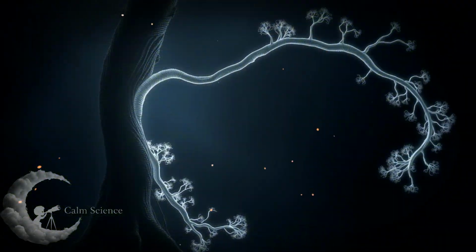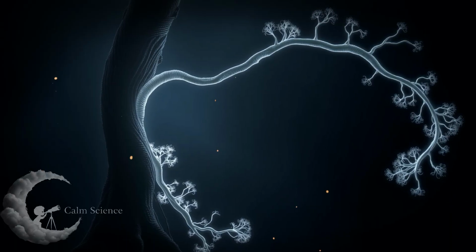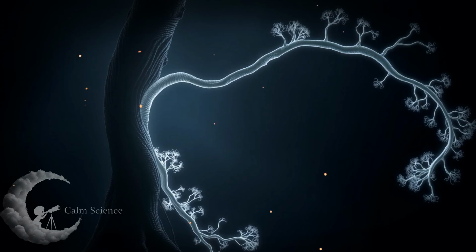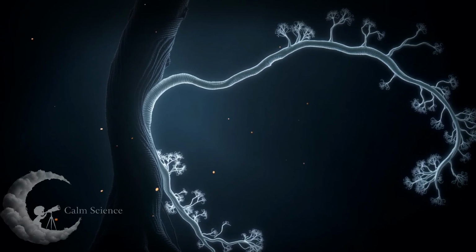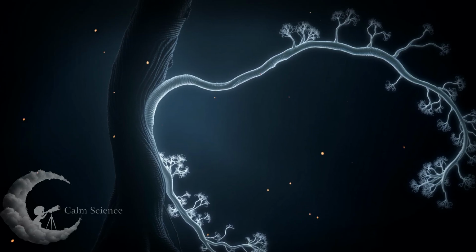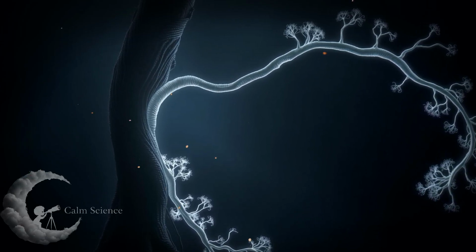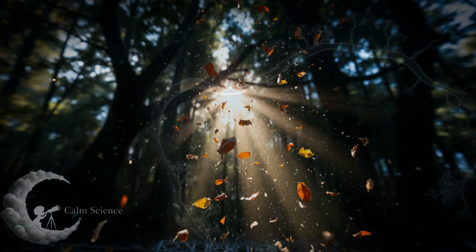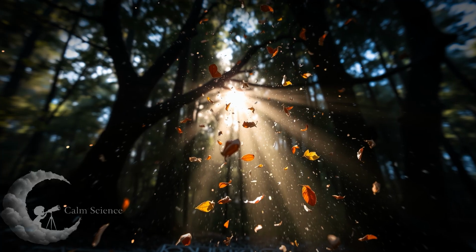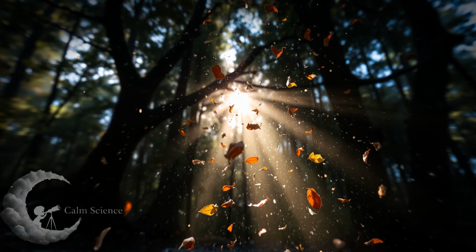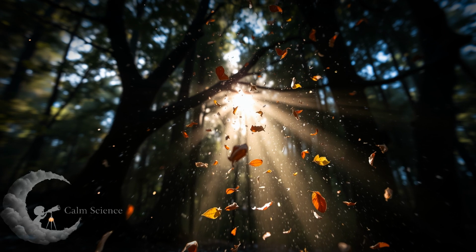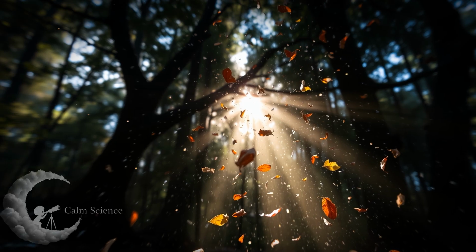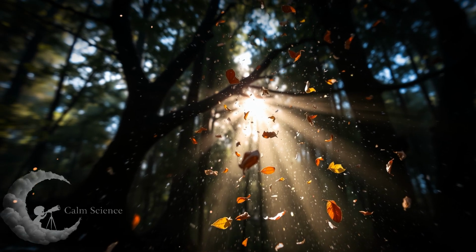A mature forest stores an immense amount of carbon, acting as a huge reservoir that keeps that carbon out of the atmosphere. When a tree dies and decomposes slowly on the forest floor, much of that carbon is incorporated into the soil. As the pattern repeats, the forest plays a quiet but powerful role in regulating the planet's carbon cycle. Let the image of the forest deepen your rest.